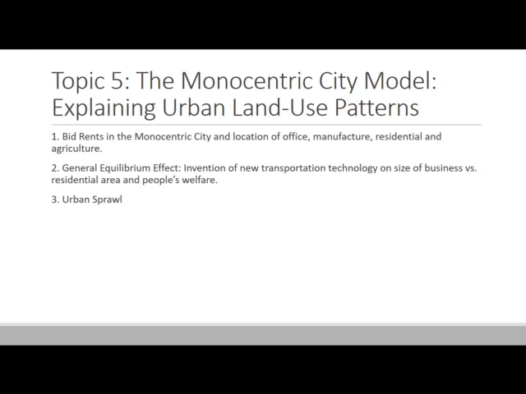And then the second knowledge point of this chapter is the general equilibrium effect of the invention of new transportation technology. We have this nice model of two sectors, just the business and the residential area, right? You can look in more detail at this model.